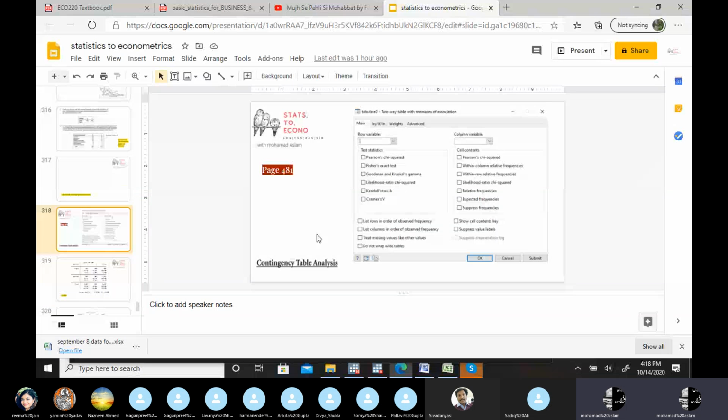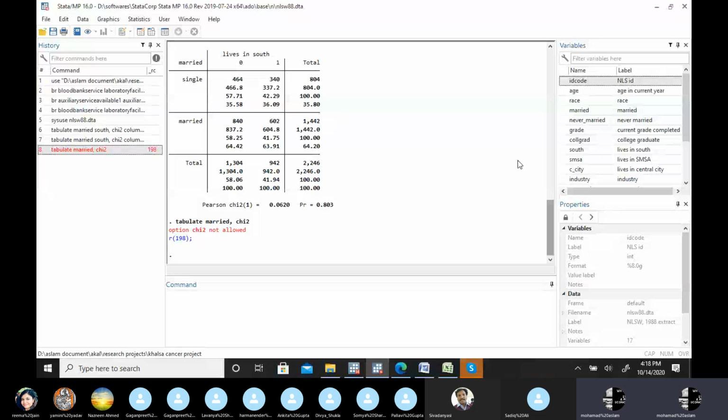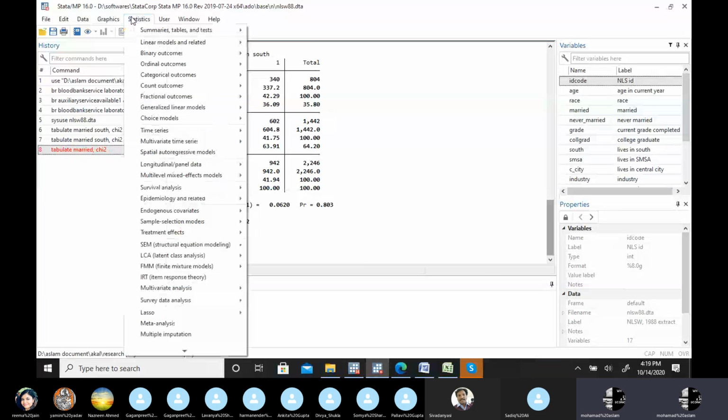So I'm using the first one, which we did in the descriptive case, college graduate, and the race variable and type of school variable. To do this association with the chi-square distribution, you will find this option in Statistics, Summaries, tables, Frequency tables.